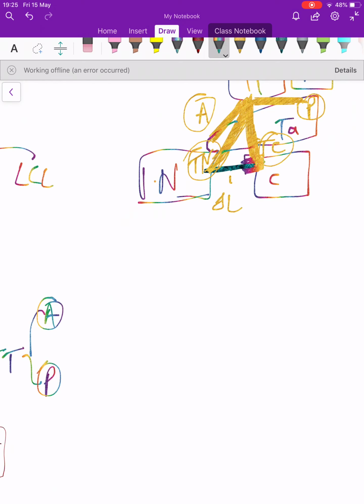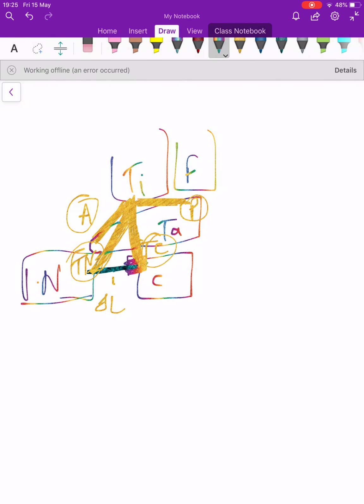ये कौन सा है? Anterior talofibular ligament.